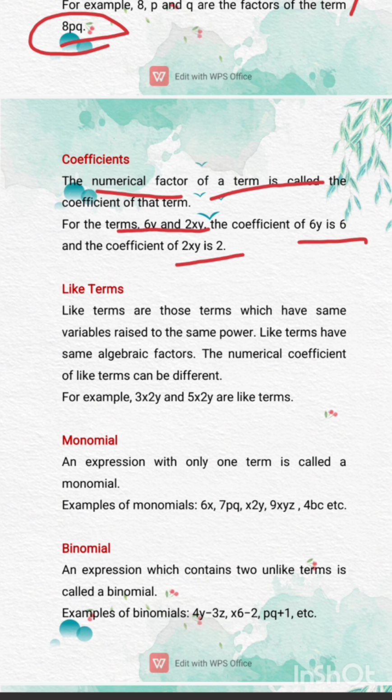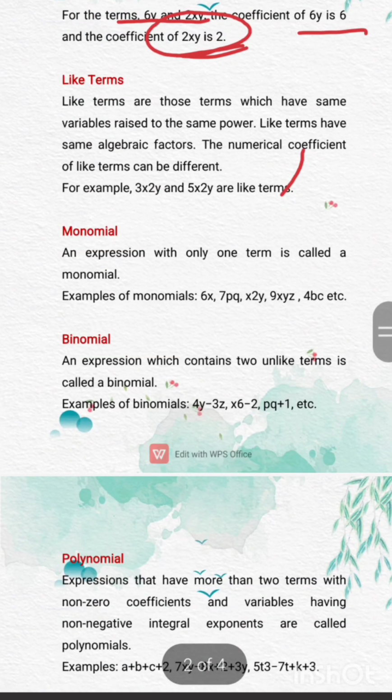But if I ask you what is the coefficient of x in 2xy, leaving x, the remaining part, that is 2y, would be its coefficient. What is the coefficient of a term? Any numerical factor. And if we ask the coefficient of the variable, then that could be any constant term as well.